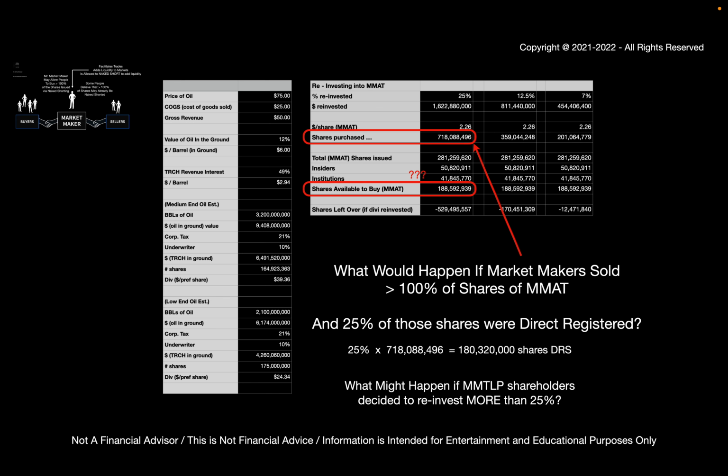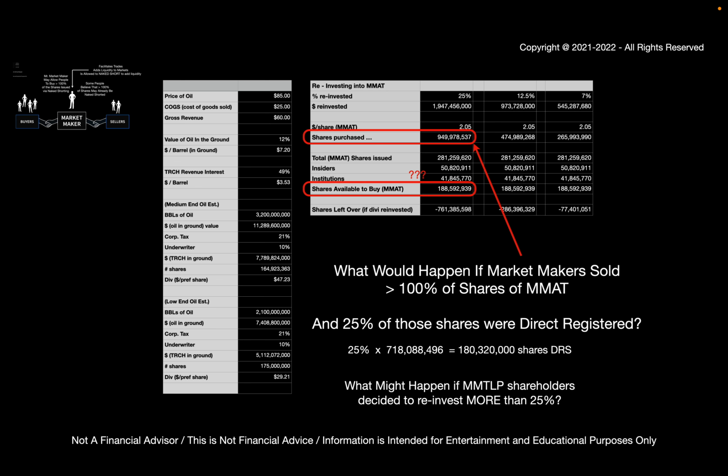If I plug in the last price of oil and the last share price, we get $85 per barrel of oil, $2.05 per share. The situation is even worse now.